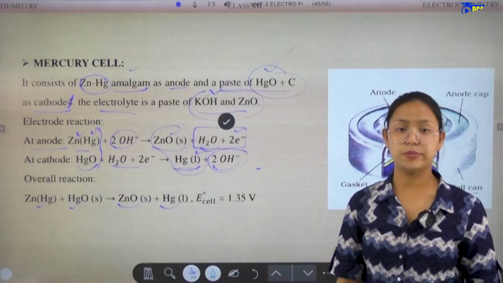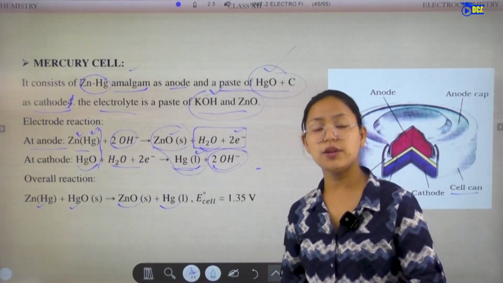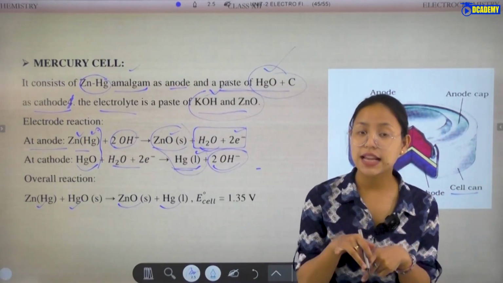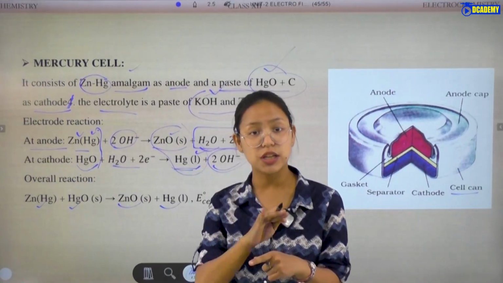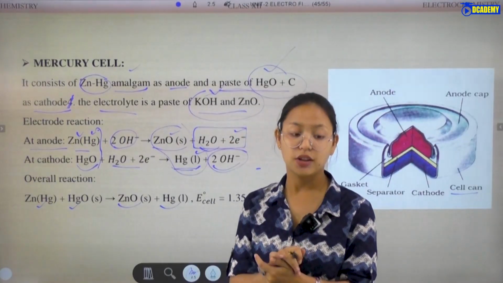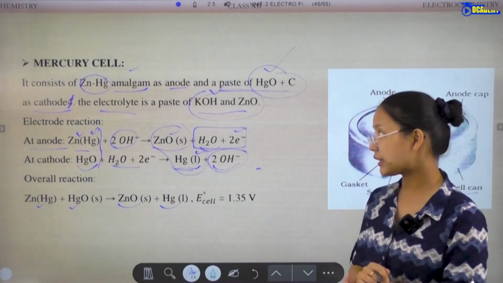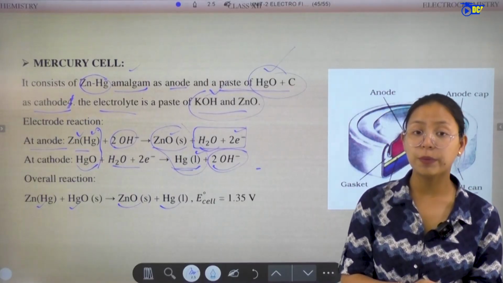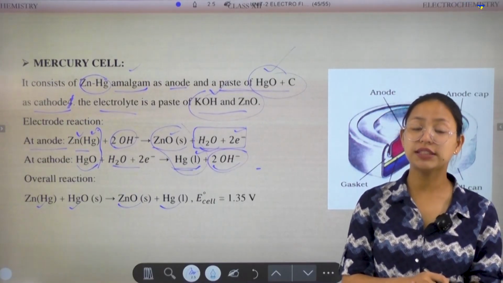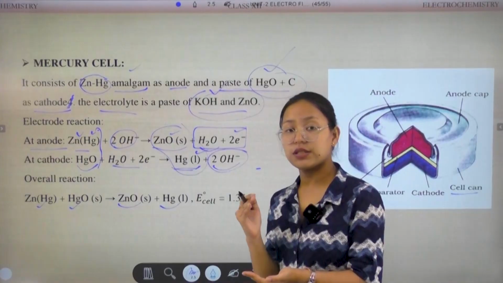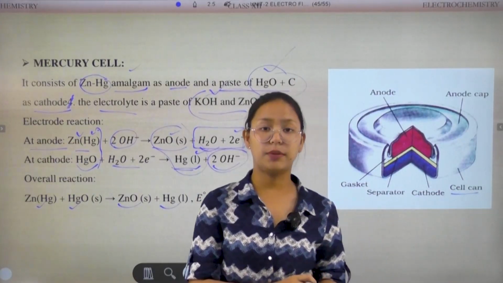So here we can know that in the mercury cell, the anode is zinc mercury amalgam, and the cathode is mercuric oxide plus carbon.